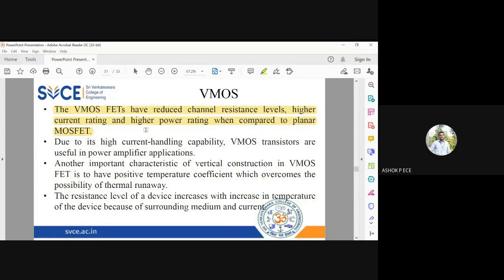The conventional power MOSFETs have this drawback, but VMOSFETs operate at a very high power level because the channel resistance is very, very low. Since the current handling and power handling capability is very high in VMOS, VMOS transistors are used in power amplifier applications where the high power requirement is always there.